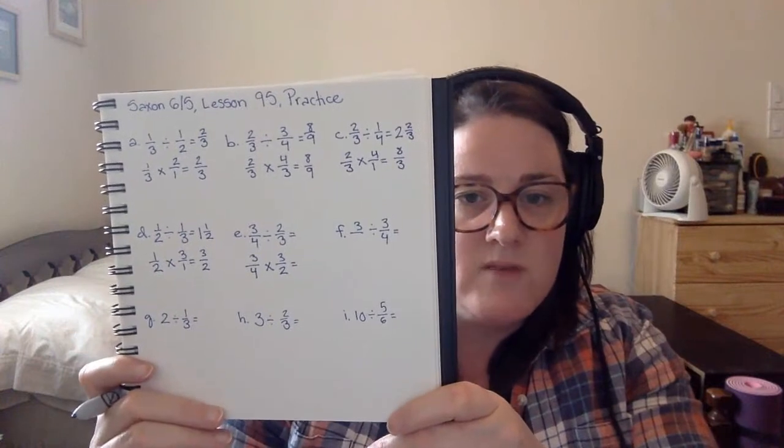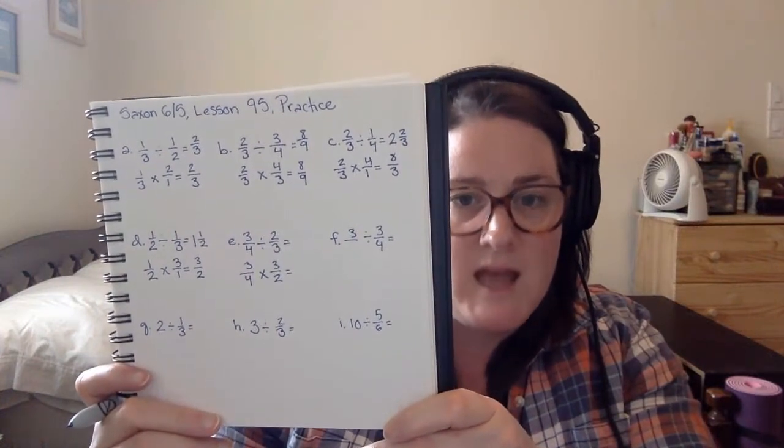Problem E is asking 3/4 divided by 2/3. My first fraction, 3/4, remains the same. My division becomes multiplication. My second fraction, I want to use the reciprocal. The reciprocal of 2/3 is 3/2. My new equation is 3/4 times 3/2. 3 times 3 is 9. 4 times 2 is 8.